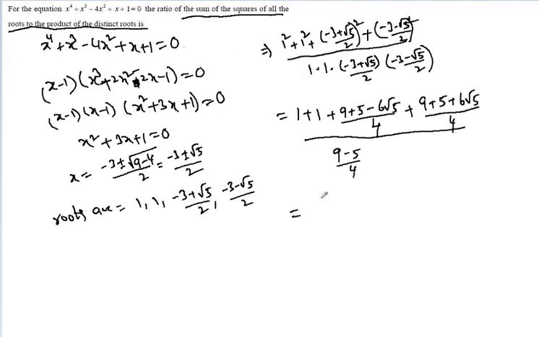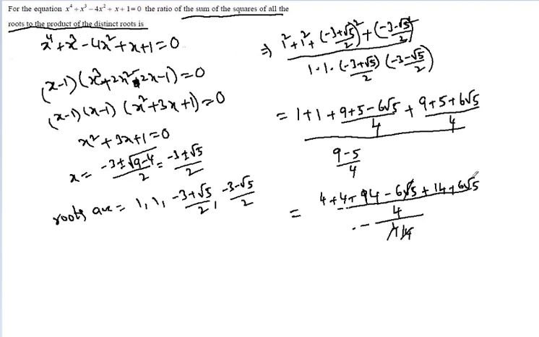So take LCM, that is 4 plus 9 plus 5, that is 14 minus 6 root 5, plus 14 plus 6 root 5 by 4, by 9 minus 5 by 4, that is 4 by 4. So this value is 1.